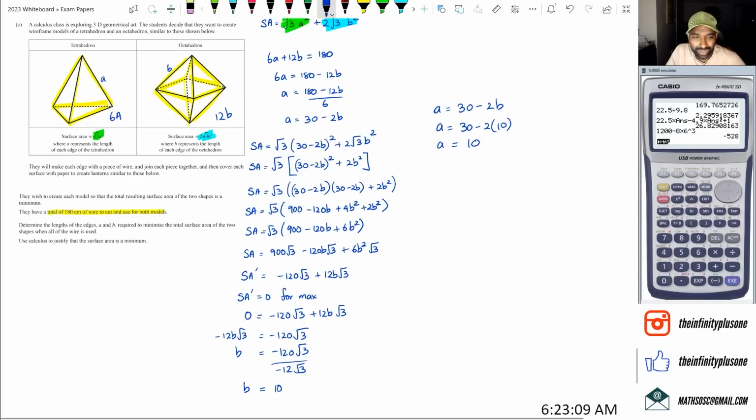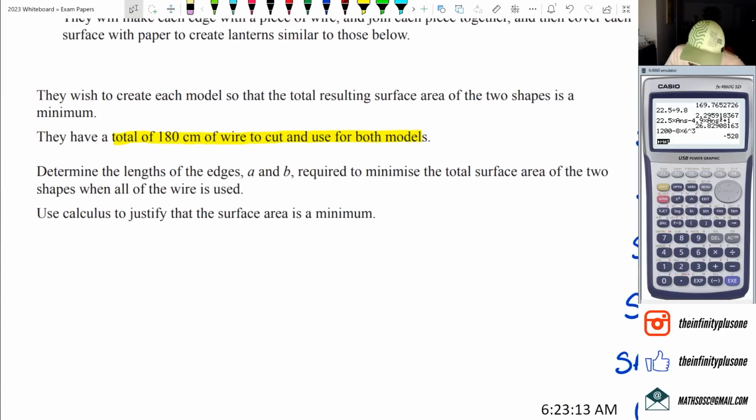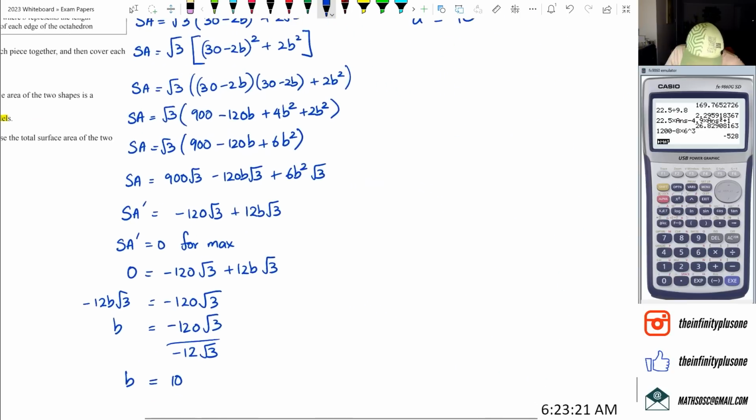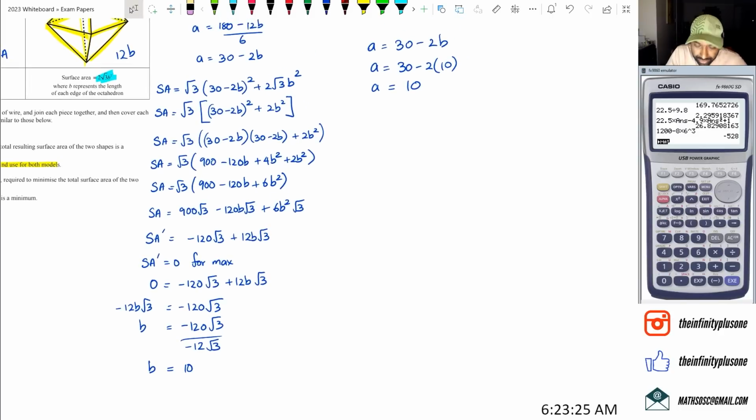I guess we had to figure out what the question actually asked. The question did ask, determine the lengths of edges A and B, which we've done. Use calculus to justify the surface area is minimum. So to show that, we've got to do the second derivative part here. Surface area differentiated is minus 120 root 3 plus 12b root 3.